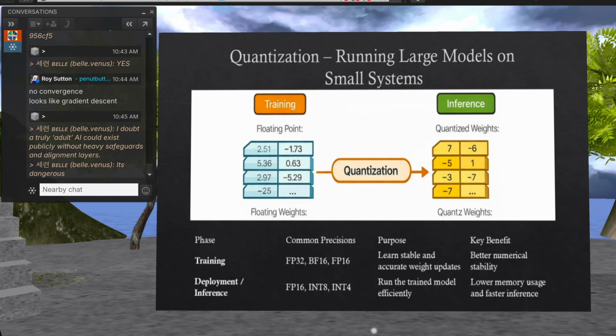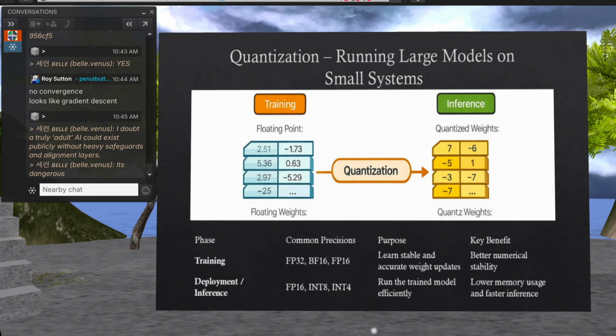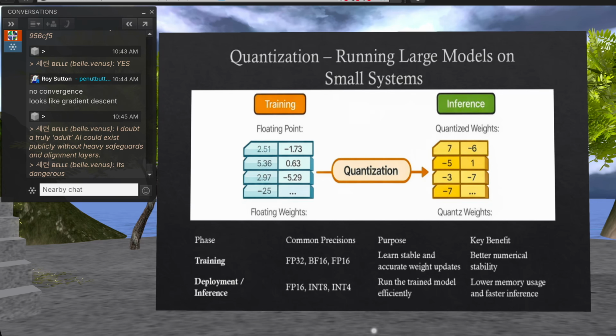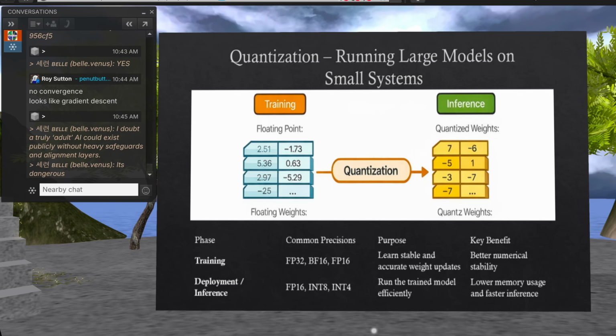But having trained the model on a very powerful system in a server somewhere else, you could then deploy these models with quantization, which is to reduce the precision of the model, to reduce the number of decimal places, to basically round these weights to a certain number.